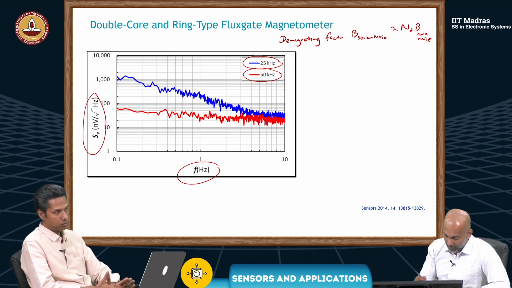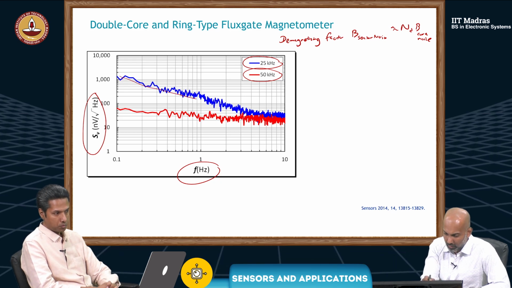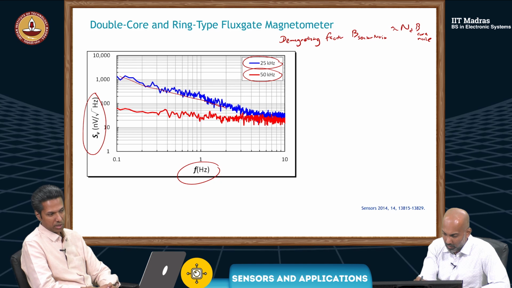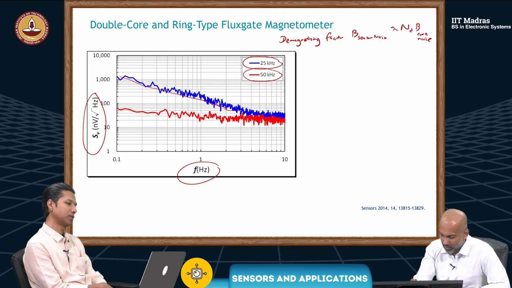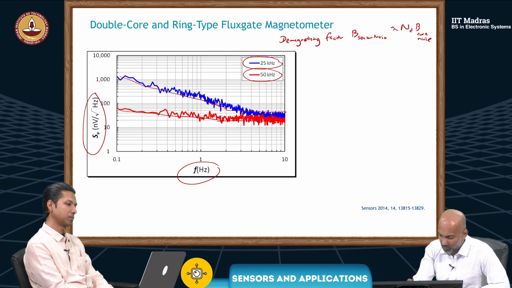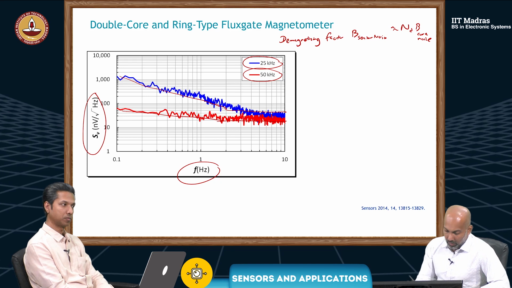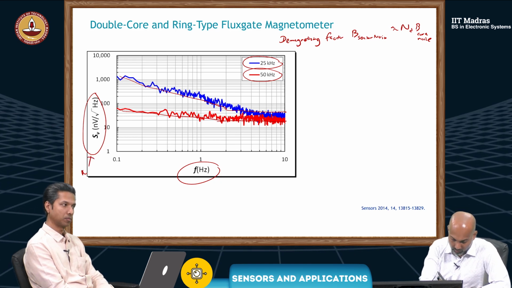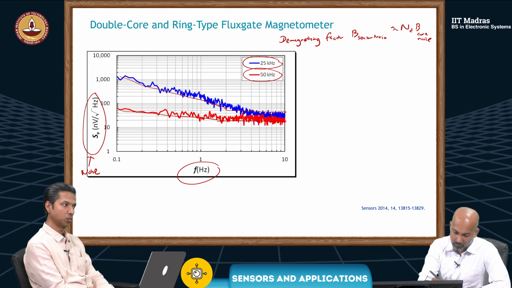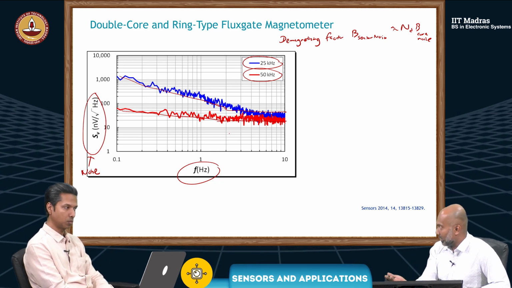Now, if you look at this graph, you see it is reducing at a slope, and at some stage it becomes flat. So this is the noise that you're trying to analyze, where you have nanovolts output per root hertz of the frequency that you're measuring.